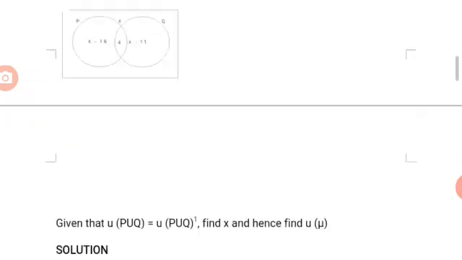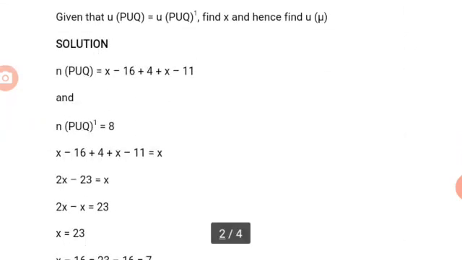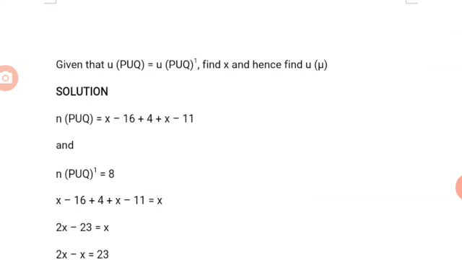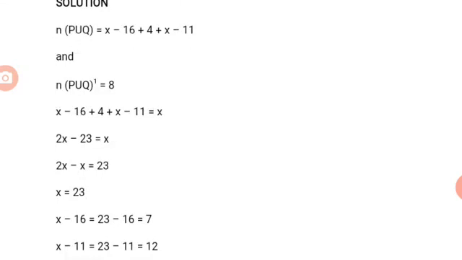So now you equate the two together. From the question that says that P union Q equals P union Q complement, you now equate it together. So it now becomes x minus 16 plus 4 plus x minus 11 equals x.